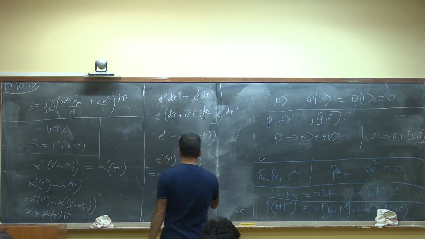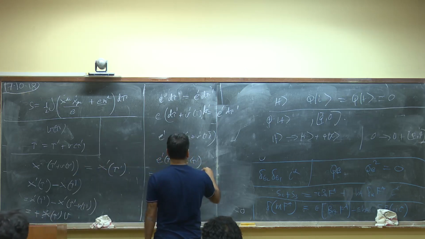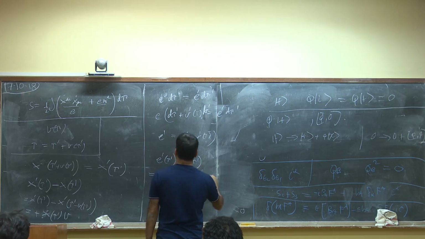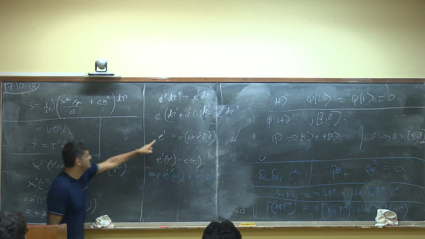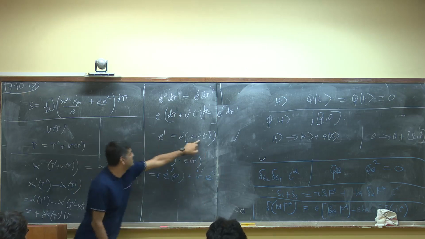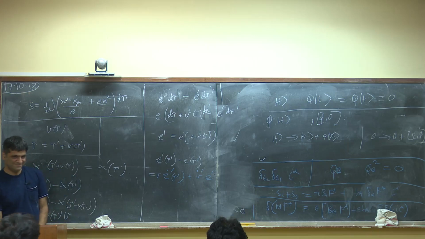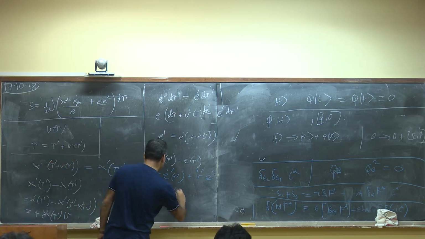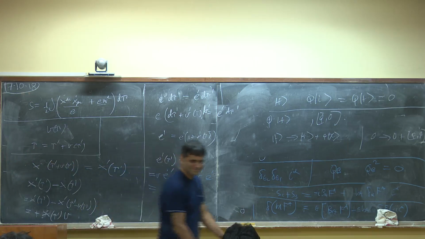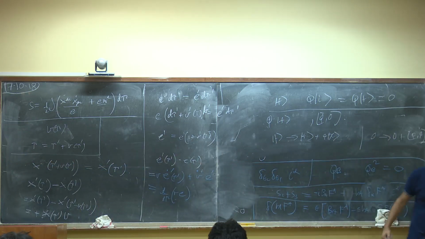And then there was this term, which is plus v prime dot times E. That was this, which is equal to d by d tau of v. Okay?